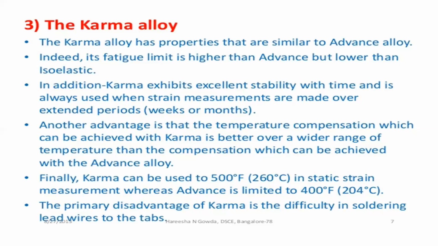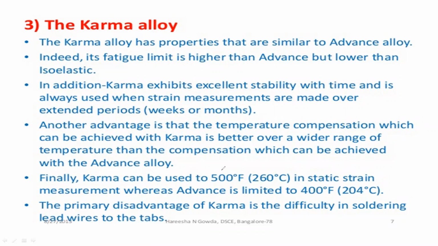And next one, finally, Karma can be used up to 500 degrees Fahrenheit, that means 260 degrees centigrade, in static strain measurements, whereas advanced alloy is limited to 400 Fahrenheit and 204 degrees centigrade. So that is the temperature that should be maintained in this type of Karma alloy strain gauges.